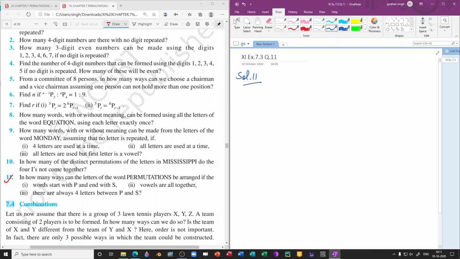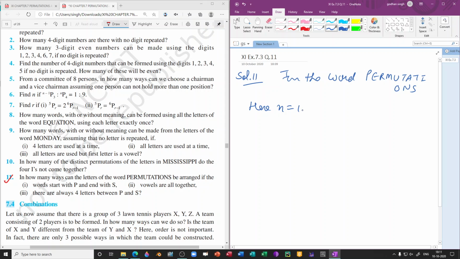Solving question number 11. So the word which we are having is PERMUTATIONS. Let us see how many letters are there. So here n equals 1, 2, 3, 4, 5, 6, 7, 8, 9, 10, 11, 12.